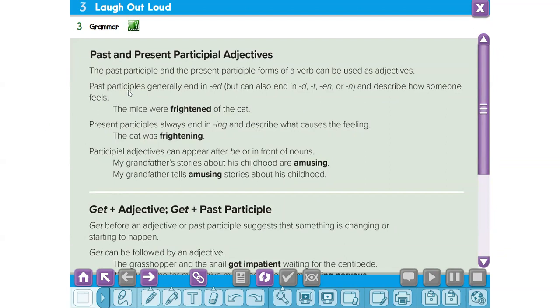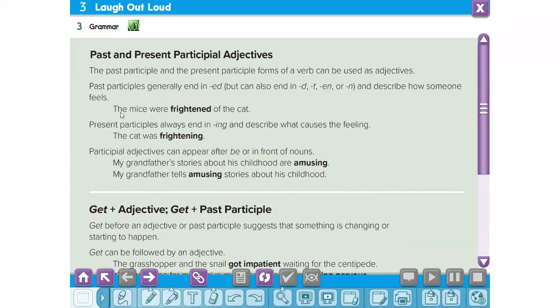When the verb ends in ed, or as you know, d, t, en, or n, we use past participles to describe how people or animals feel. But we use present participles, that end in ing, to describe what causes this feeling. Okay, what causes this feeling?